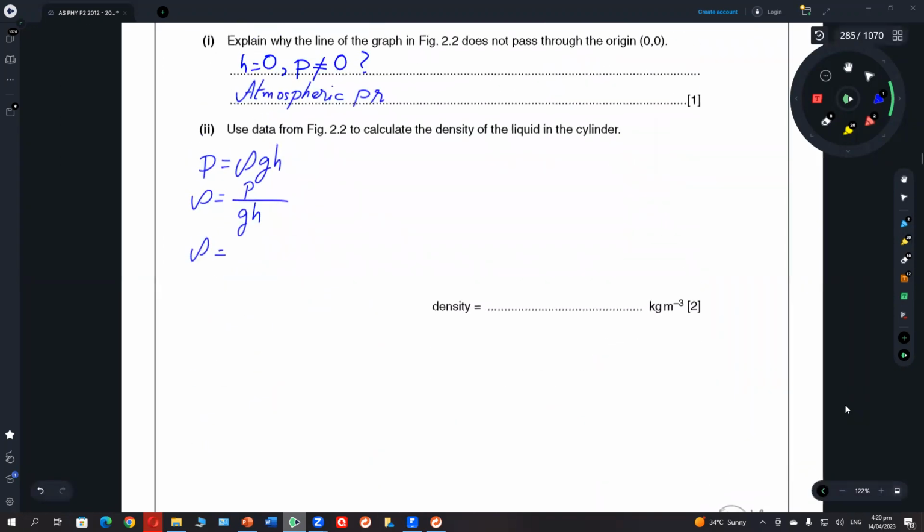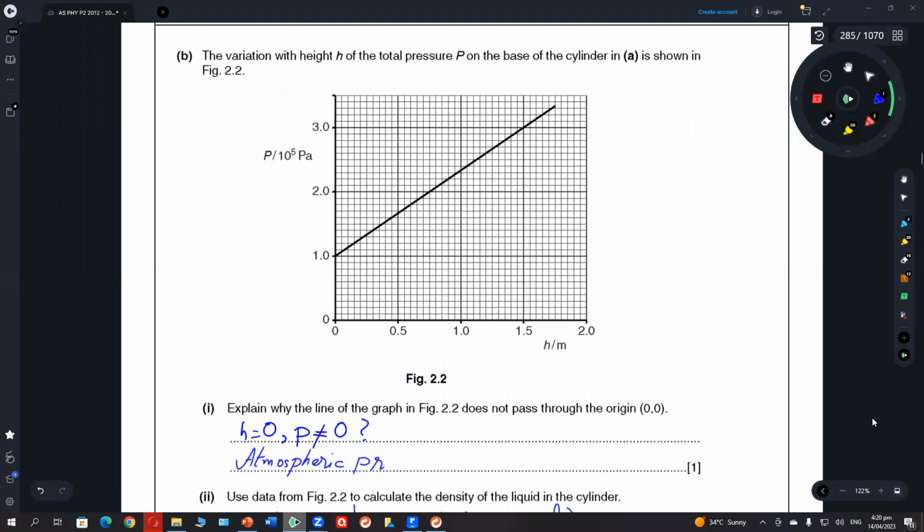So if I write this equation like this, I will be left with P upon h. And you can see from the graph, it is the gradient. Now, can you find the gradient of this graph?